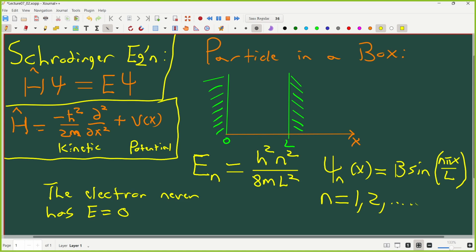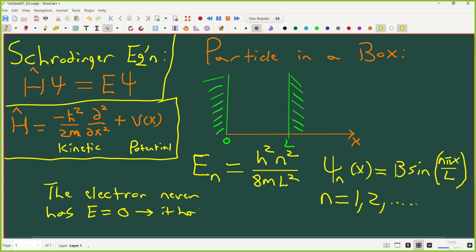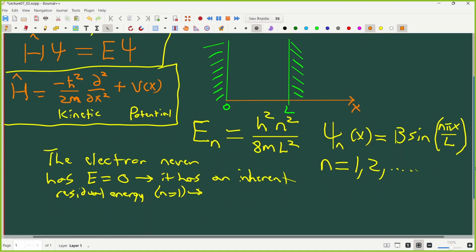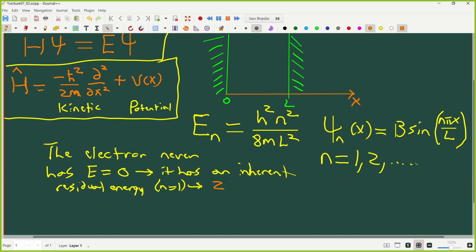We have a term for this. Instead, it has an inherent residual energy, no matter what, no matter how cold it is, which is n equals 1. And the term for this, we'll define it more carefully soon, is called zero-point energy.